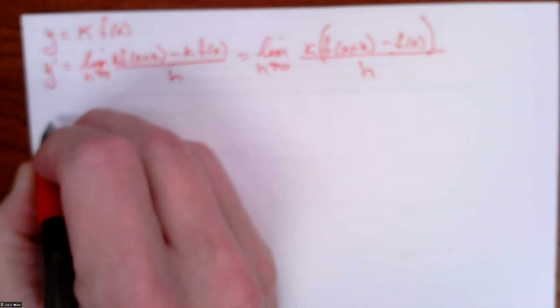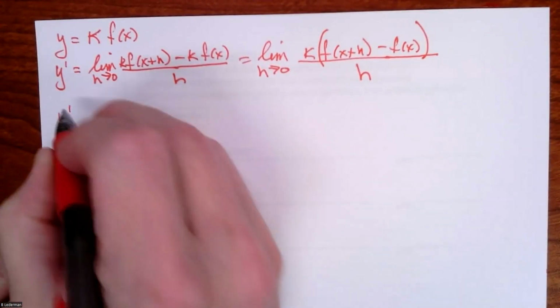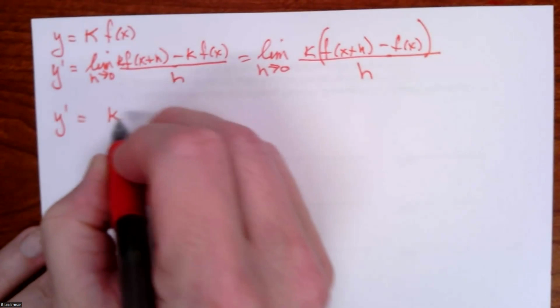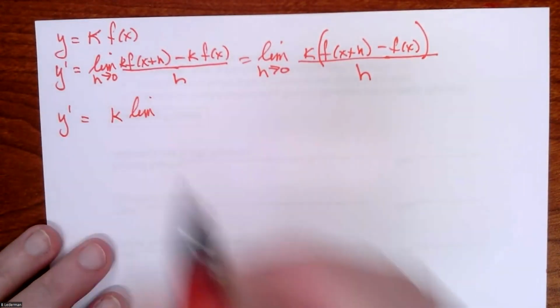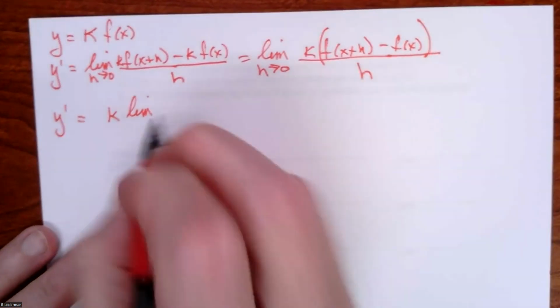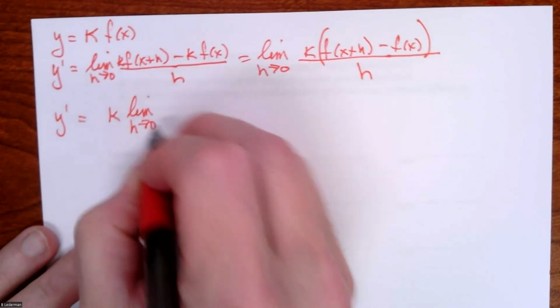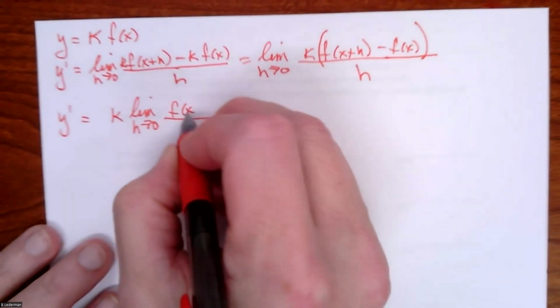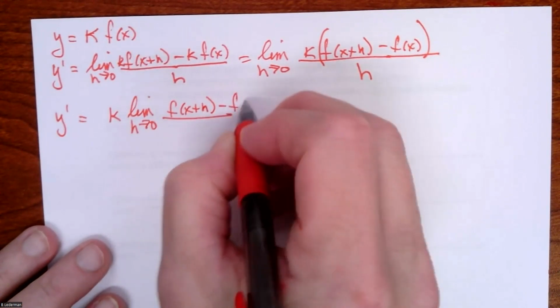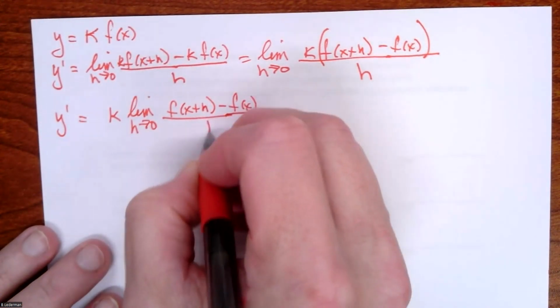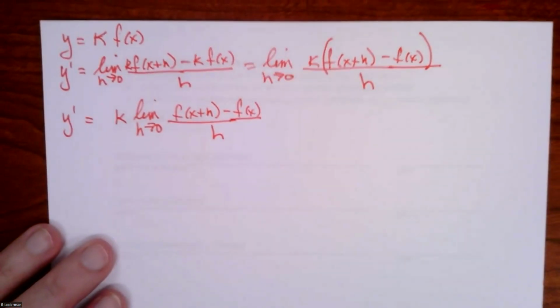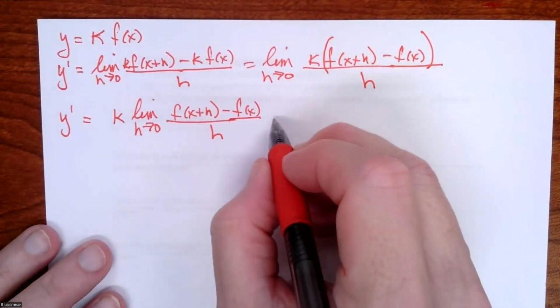We've learned that. So y prime is equal to k times the limit as h goes to 0 of f of x plus h minus f of x over h.